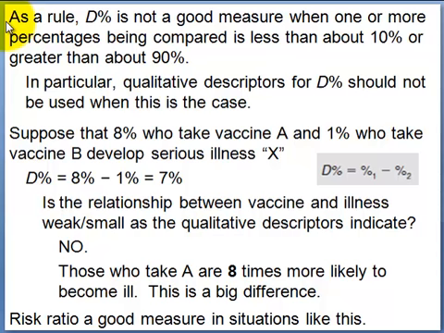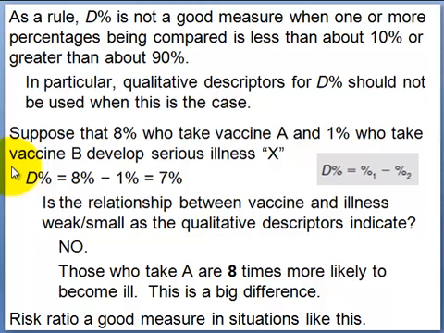Let's try to give you some kind of a feel for why the qualitative descriptors don't work well. And I'm going to say in particular when percentages are close to 0, which is to say less than 10%.